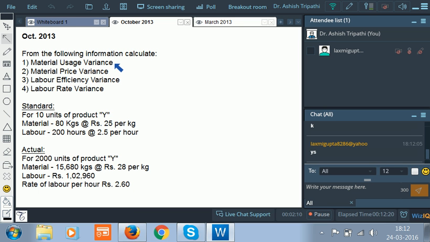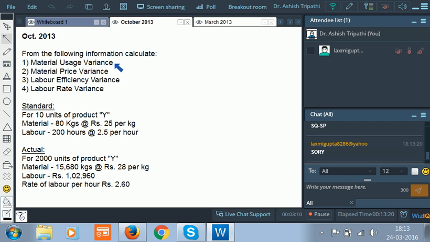Material usage variance. What is the formula for material usage variance? Do you know the formula for this?